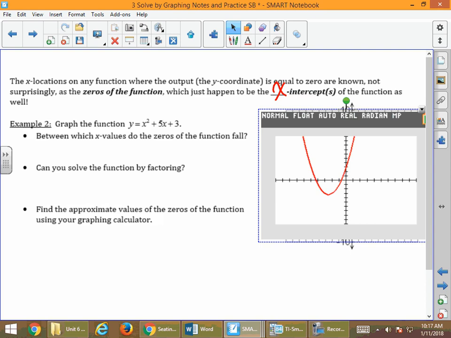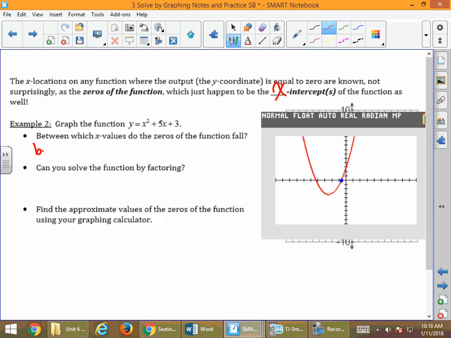And because we can't tell exactly what they are, we want to say between. And I'm going to put a blue mark on this. This point right there is an x-intercept, and it looks like it is between -1 and 0.